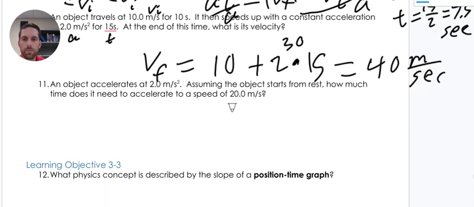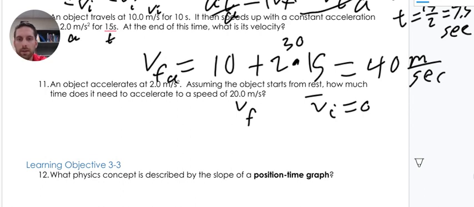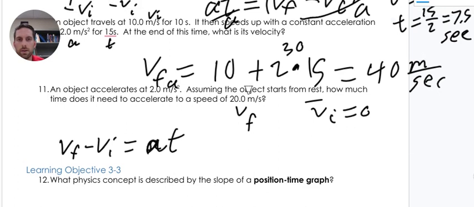All right. Number 11, we have an a value, accelerates, tells us right there. Starts from rest, that tells us v initial equals 0. Accelerate to its final speed. It's asking how much time. There's a right there. So our time value, using our sheet, or I'll solve it out. Vf minus vi equals at from the previous step on number 9 up here.